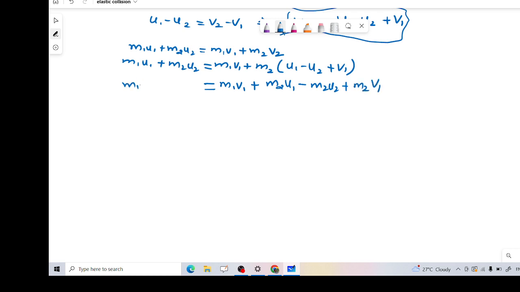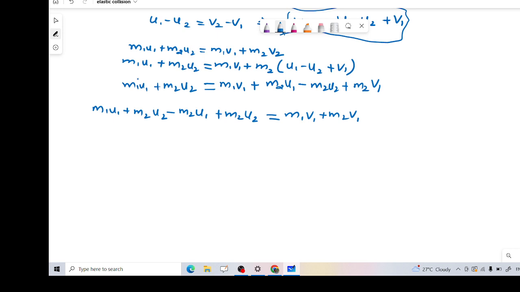Now I will keep m1 v1 and m2 v1 on the RHS, and all other terms I am crossing to the LHS. So the LHS becomes m1 u1 plus m2 u2 minus m2 u1 plus m2 u2, and the RHS becomes m1 v1 plus m2 v1.